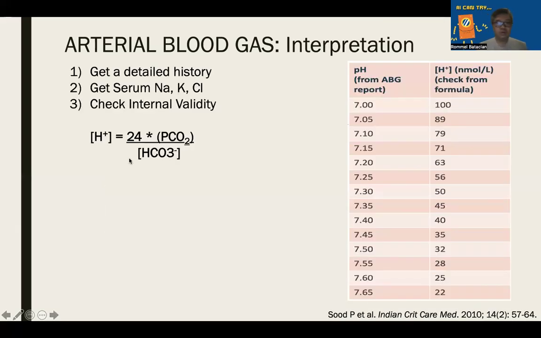Once you have the results, in order to interpret them, it's very important to contextualize them in the clinical information of your patient. So getting a detailed history and physical examination is very important. And it's very important also to get at the same time a serum sodium, potassium, and chloride. That would be very important in the interpretation of the ABG as well.